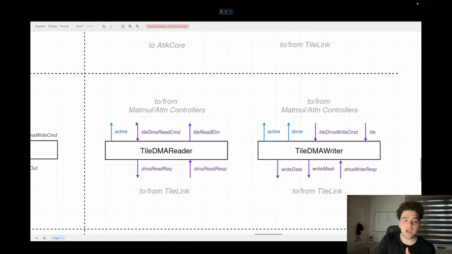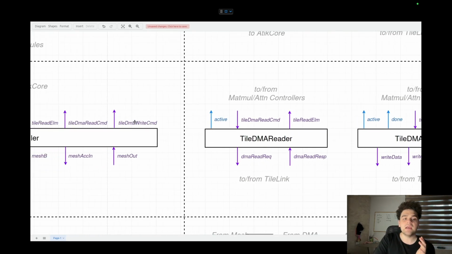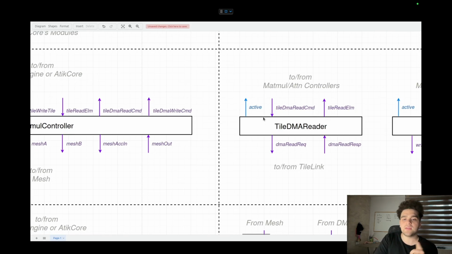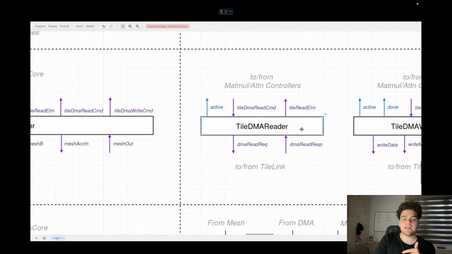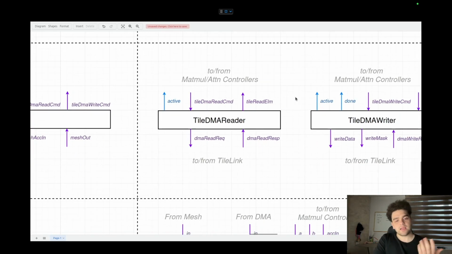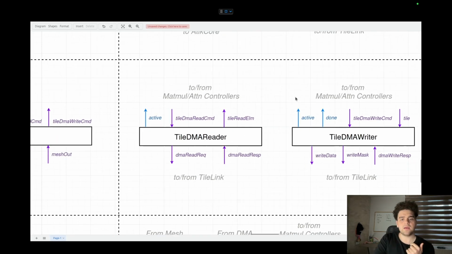It receives a command. From whom? It receives a command from the MatmulController or the attention controller. You can see here the tile DMA read command. This command goes to this tile DMA reader, and the tile DMA reader returns the tile elements, like what we have also seen in the waveform.